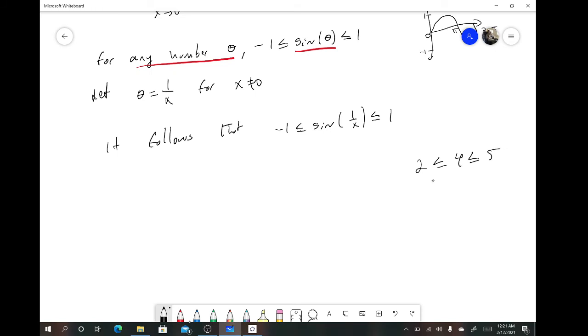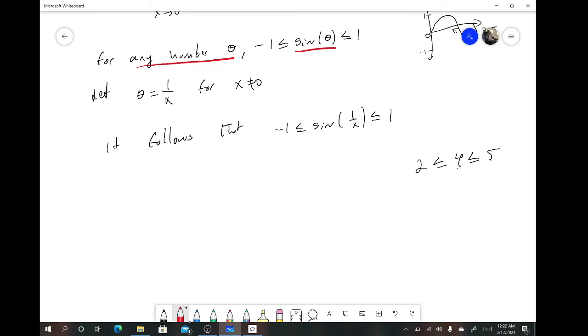If I multiply this inequality through by any positive integer, although any positive real number will be fine as well, let's say I multiply this through by 3. If I multiply 2 by 3, then I also have to multiply the 4 and the 5.